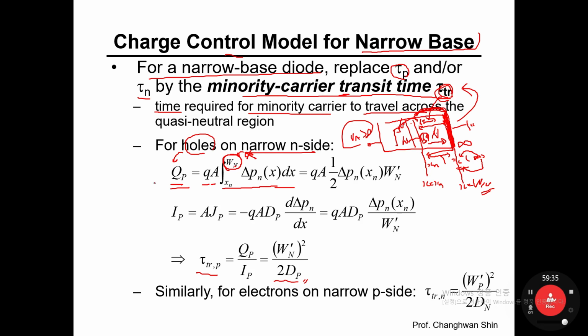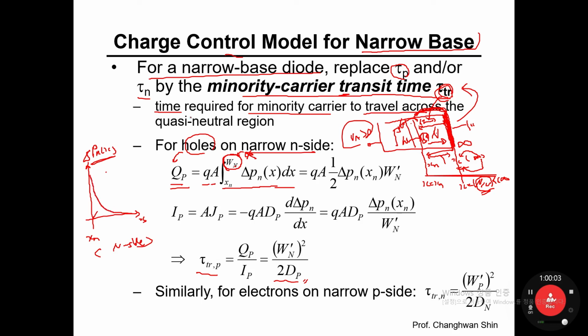One more thing: if this Wn is much smaller than infinity, then look at the excess hole concentration as a function of x in the n-side, starting at xn. If we are talking about the long base, the curve for delta p sub n follows the exponential curve.